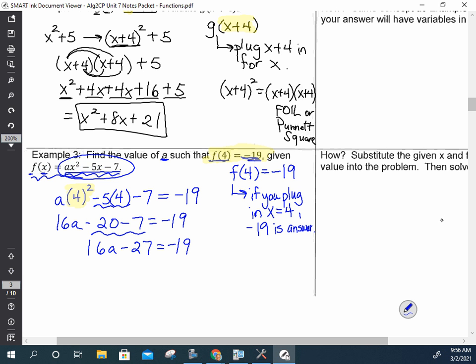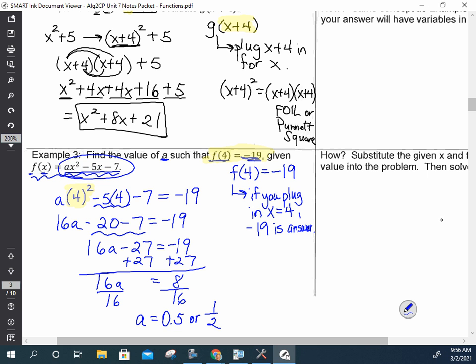So we're back to a relatively easy problem. Add 27 to both sides. 16a equals 27 minus 19 is 8. Divide both sides by 16. 8 over 16 is 0.5.